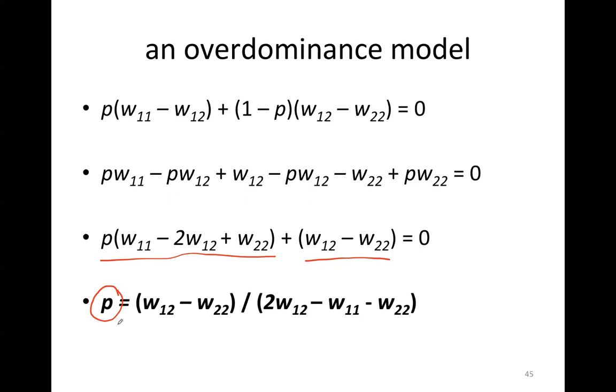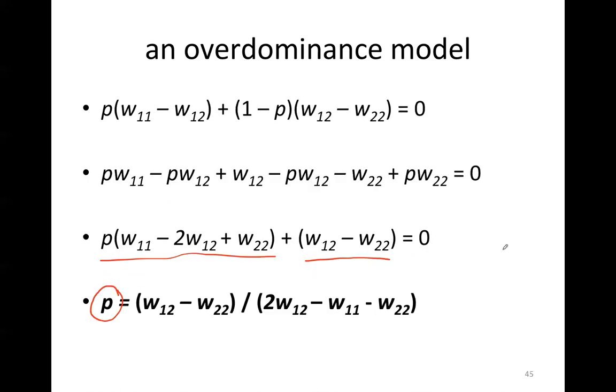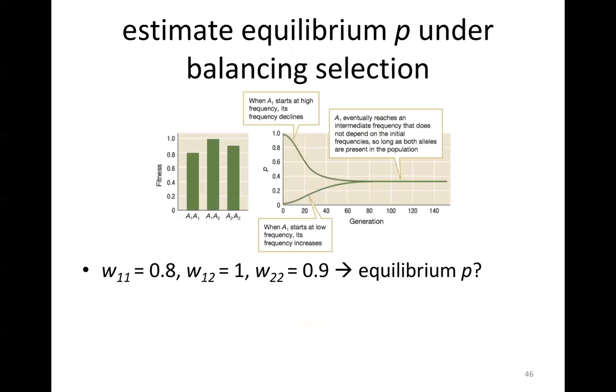So to achieve these conditions, we would need to have P as a function of the fitnesses: the difference between the fitnesses of the heterozygote and the alternative homozygote, the second allele, and some function of the fitnesses again in the denominator. And so this seems to give us the allele frequency that would be the stable equilibrium.